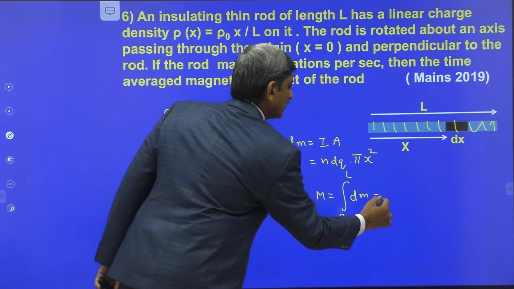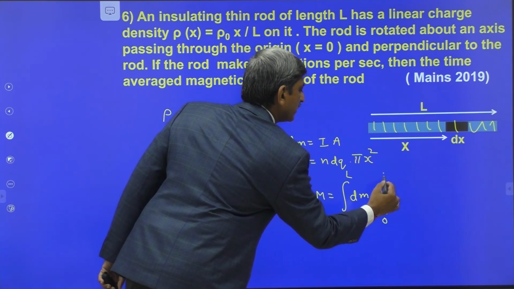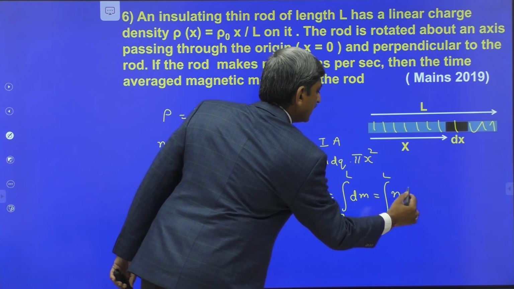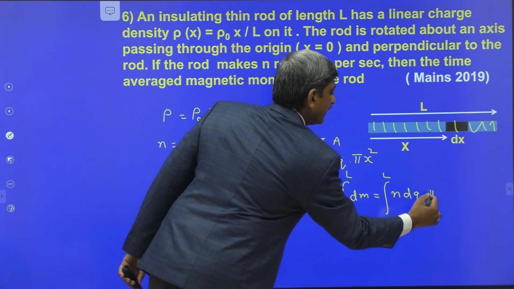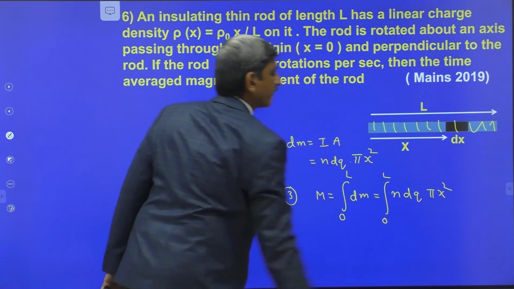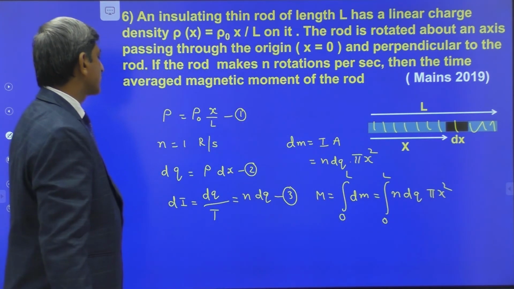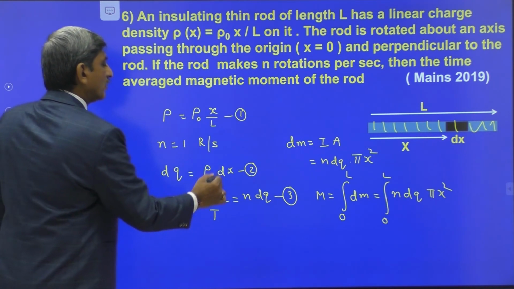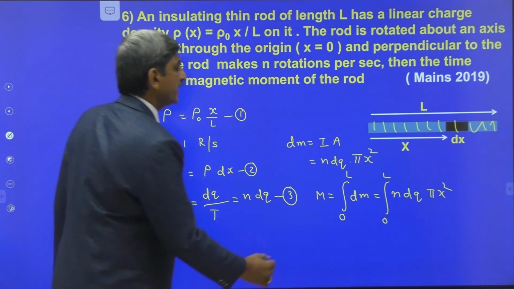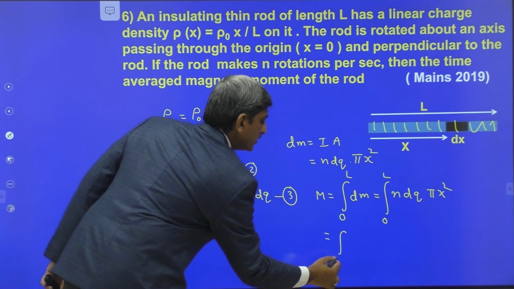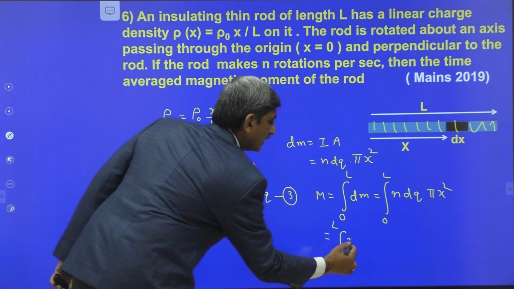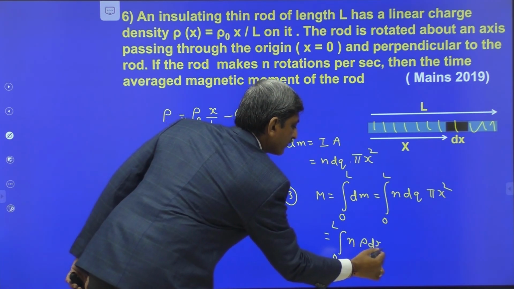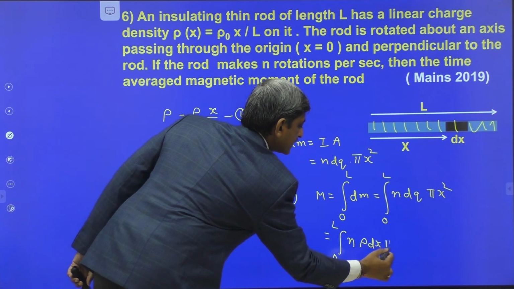This is equal to integral 0 to L of dm. What is dm? dm = n dq pi x square. What is dq? dq = rho dx. By substituting, it becomes integral 0 to L of n rho dx pi x square.